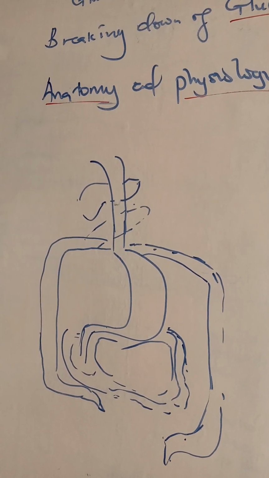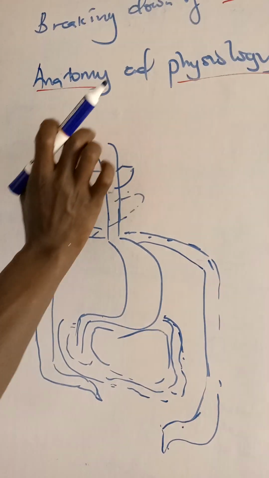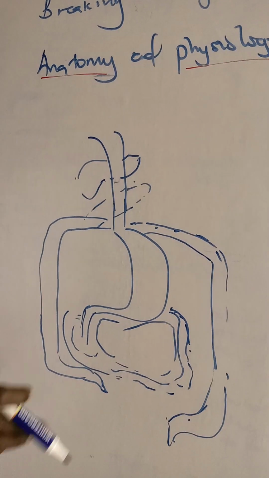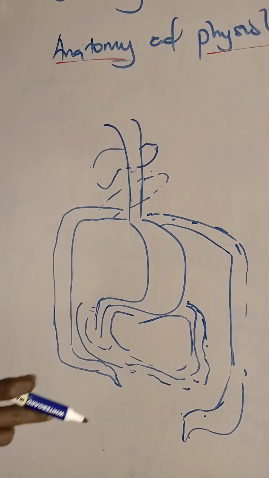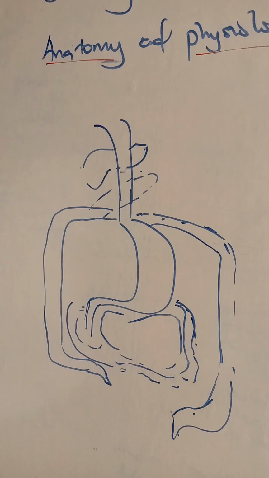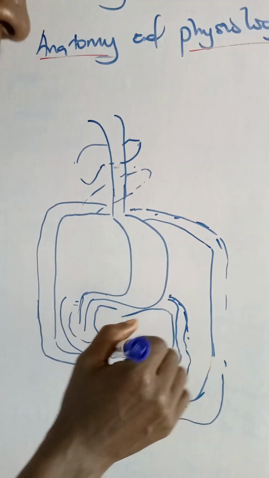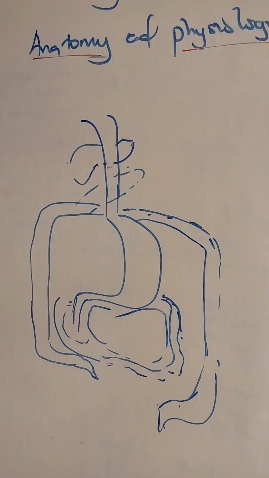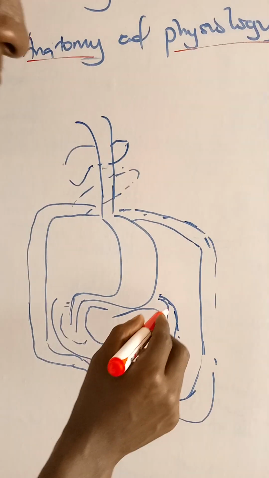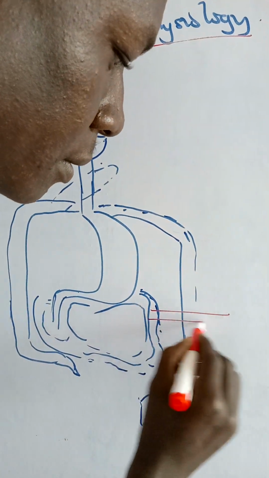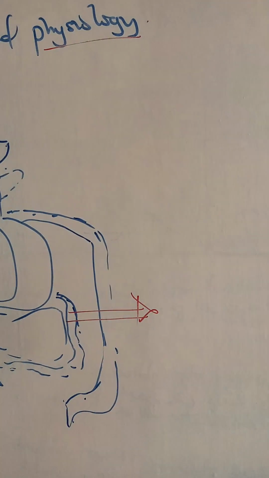Now, you eat your carbohydrates, they pass through the digestion processes, reach your stomach and then your small intestine. Now, I am going to zoom in on my small intestine. That is my small intestine.